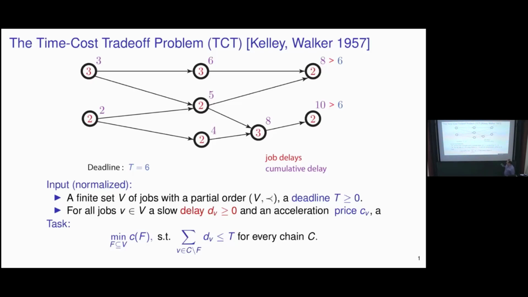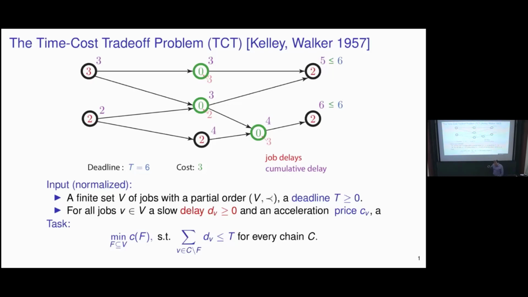For this example, let's assume that the prices are for the time being all unit prices. We could, for instance, buy these 3 jobs and speed them up to an execution time of 0. With that, we see that now the longest chain is the one at the bottom here, which has a delay of 6.